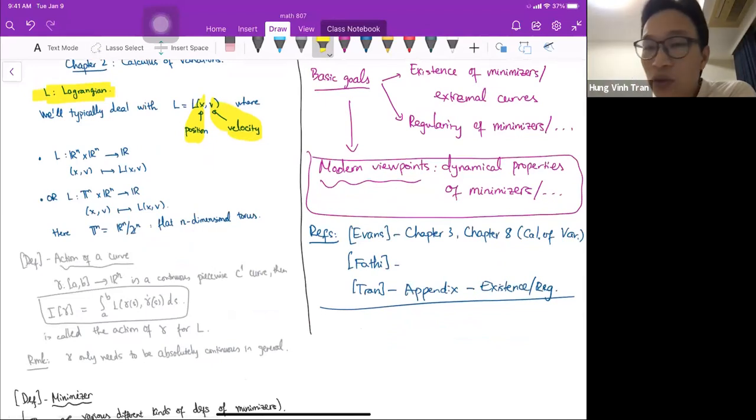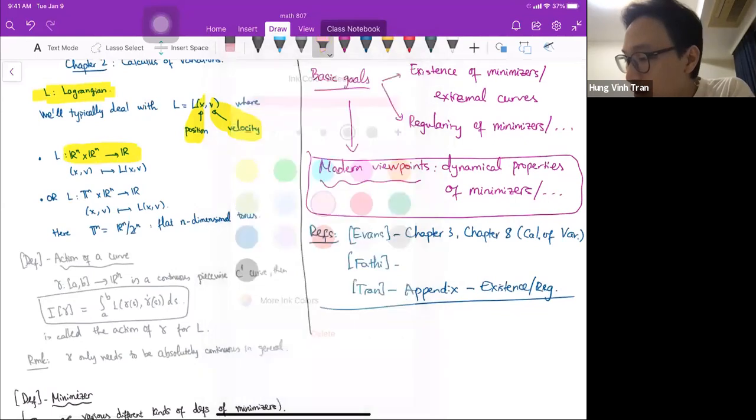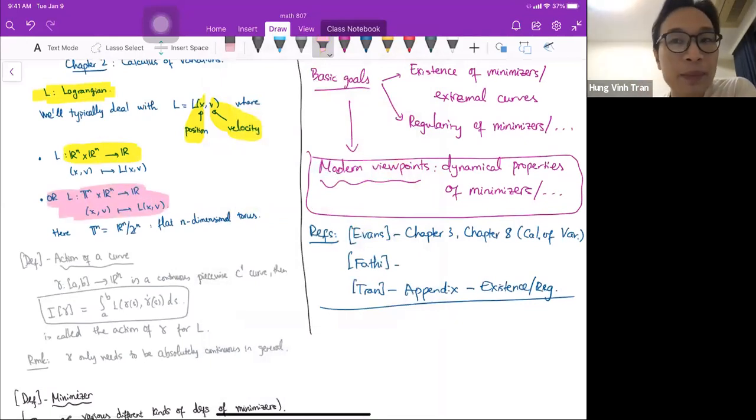We're going to deal with two settings, either L maps from R^n times R^n to R, so it's a whole domain. And later on, a more relevant setting, where L maps from the torus cross R^n to R. So here x stays in the torus.